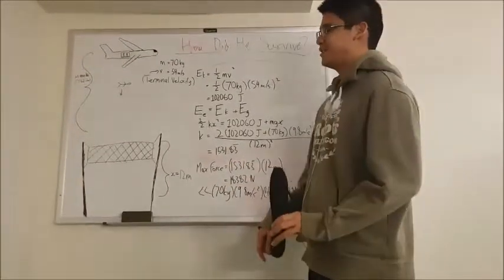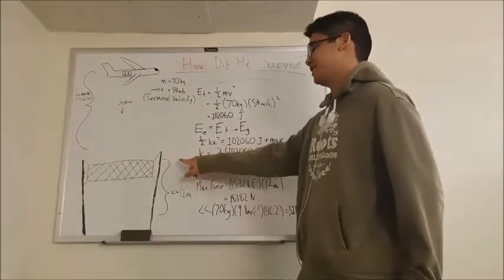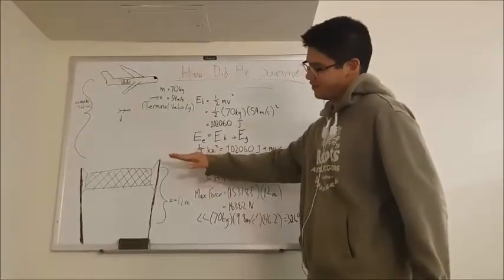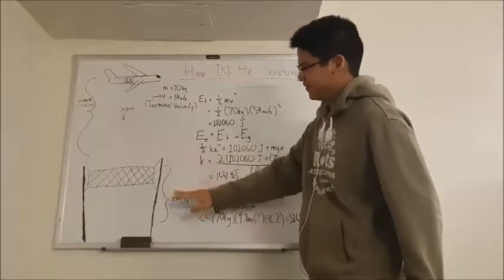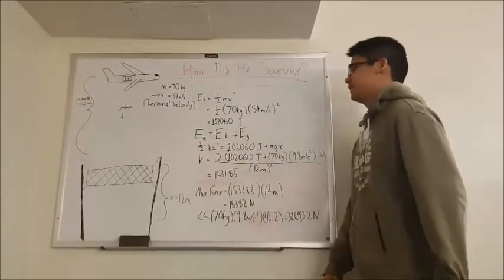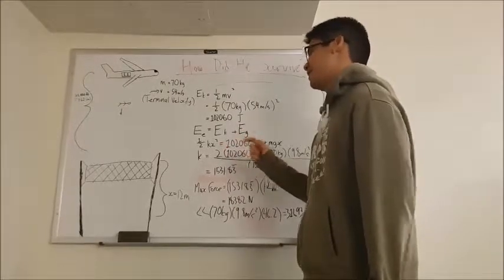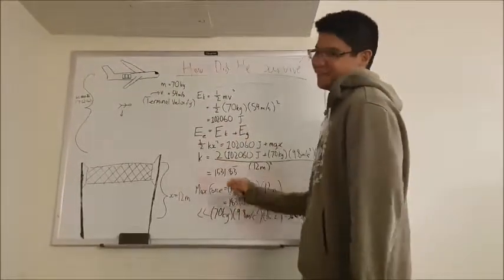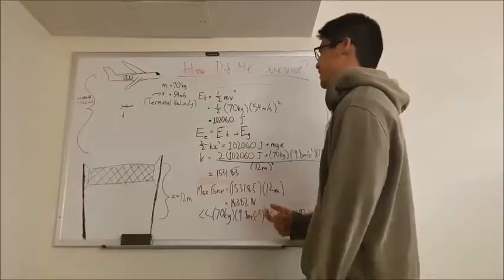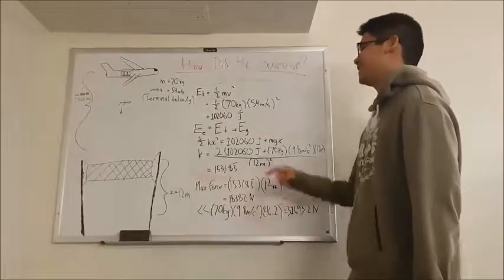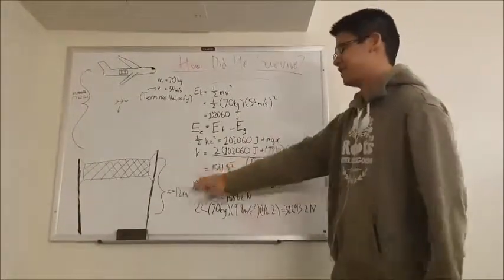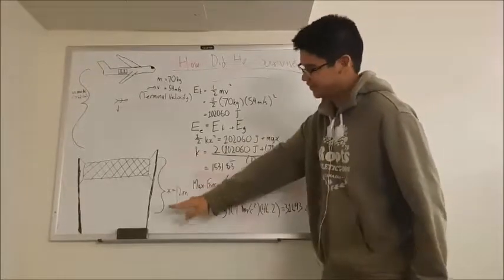Also, we have to assume that no energy is lost from friction when he falls from initial height to final height. So to calculate the energy stored inside the net at the end of the scenario, we have to add kinetic energy with changing gravitational energy from the height here to here.